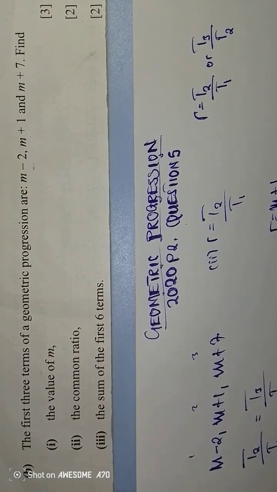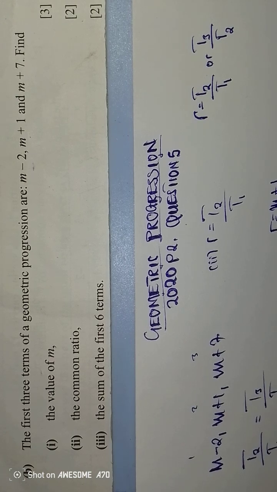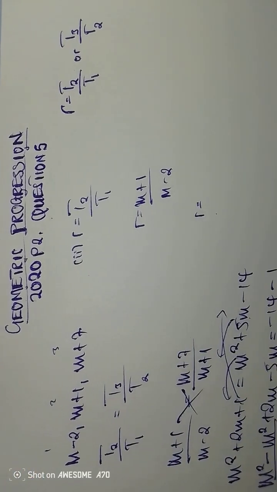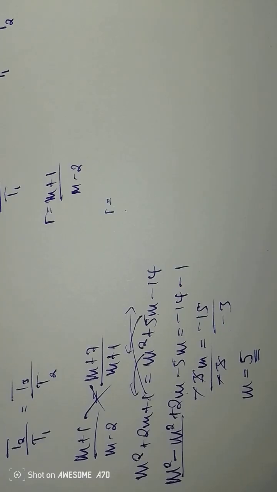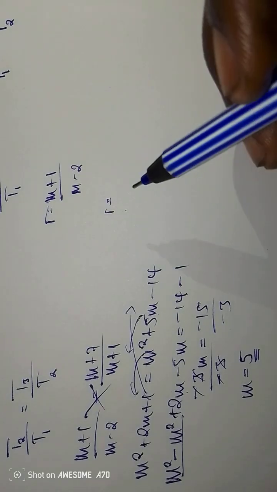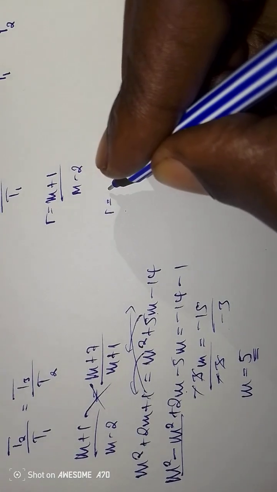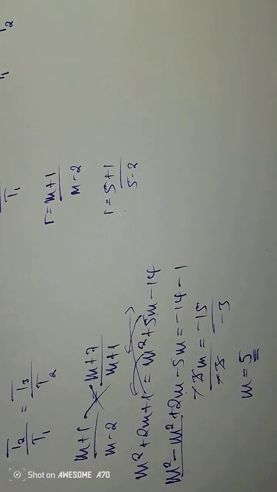The value of m we found to be 5, so you replace m with 5. We say 5 plus 1 over 5 minus 2.